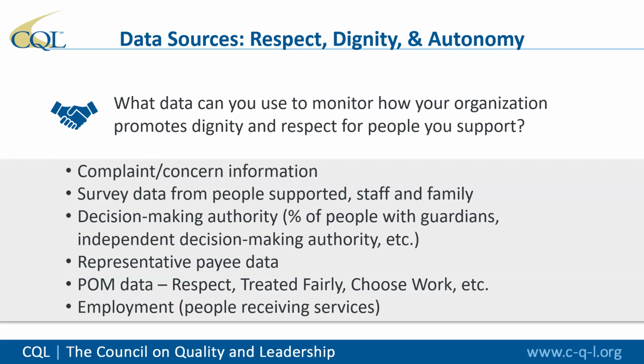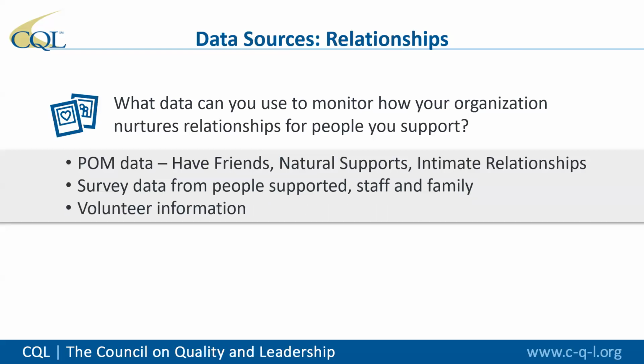How many people you support are gainfully employed? With relationships, of course, POM data is important, along with potentially survey data that you might collect and volunteer information. How many people you support are doing any kind of volunteer work, or how many volunteers are coming to your organization and volunteering their time?